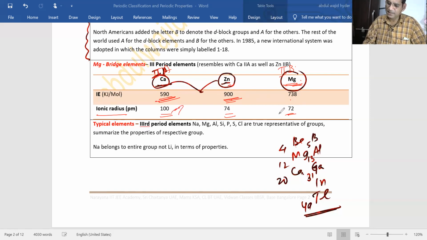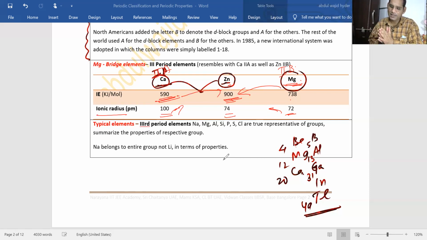Lesser than this and greater than this. This 590, this is 900. It is in between calcium and zinc. So this is all about the bridge element. Magnesium plays the role of the bridge element between calcium and zinc.